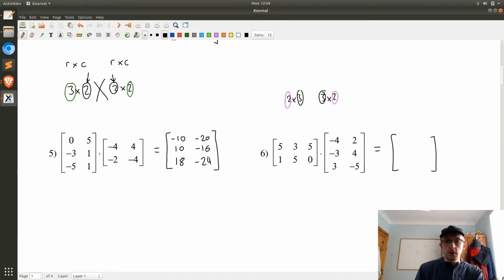5, 3, 5 dot negative 4, negative 3, 3 is negative 20, take 9, add 15.